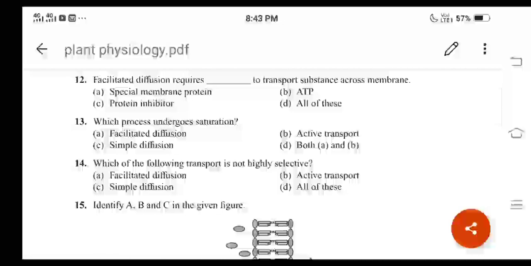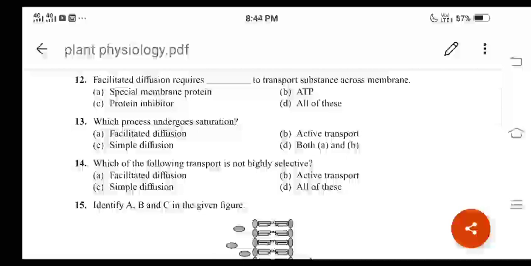Then question number 13. Which process undergoes saturation? Facilitated diffusion, active transport, then simple diffusion, then both A and B, right? In which process can we observe the saturation here? Both A and B, right?